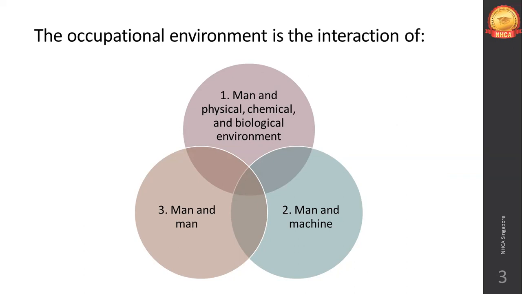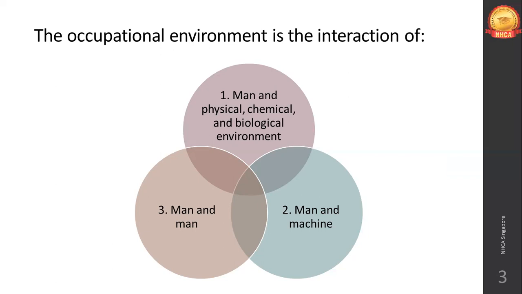Chemical hazards can arise from disinfectants, sterilizing agents, solvents like alcohol and acetone, anesthetic agents, chemotherapy drugs, detergents, tissue fixatives, and reagents. These are all chemicals that can lead to hazards.